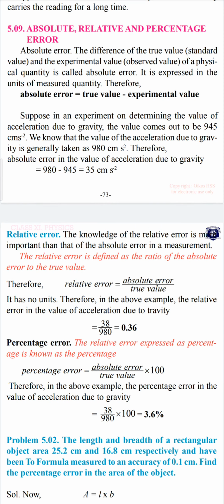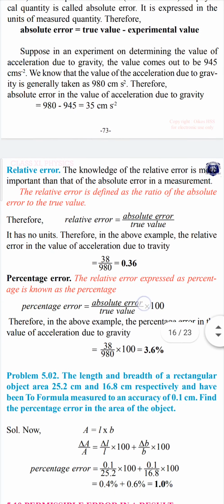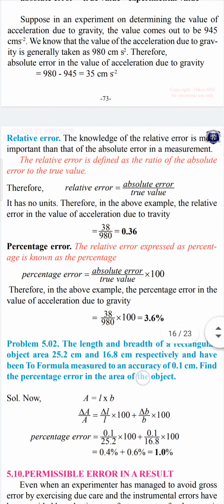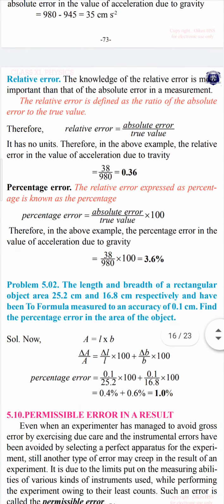Relative error. The knowledge of the relative error is more important than that of the absolute error in a measurement. The relative error is defined as the ratio of the absolute error to the true value. Therefore, it has no units. Therefore, in the above example, the relative error in the value of acceleration due to gravity equals 35 by 980 equals 0.036.